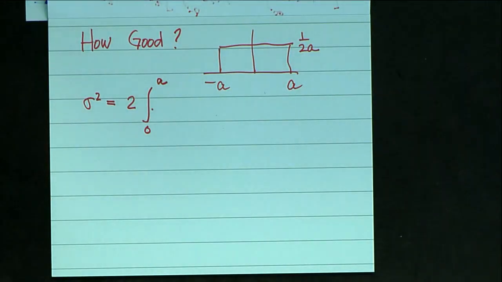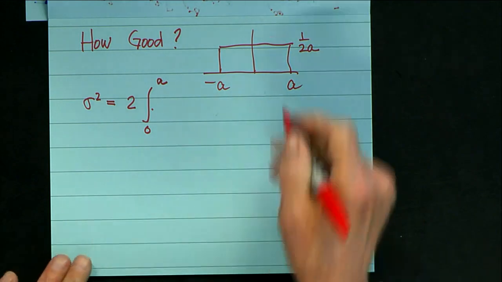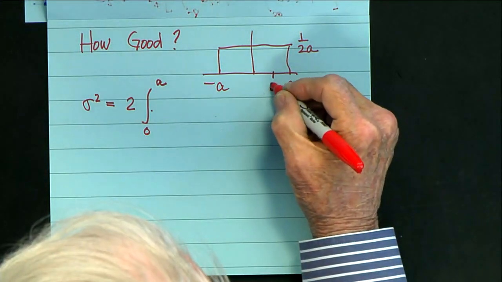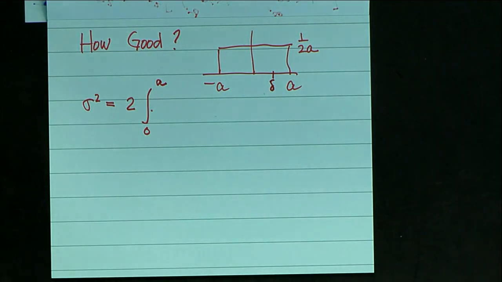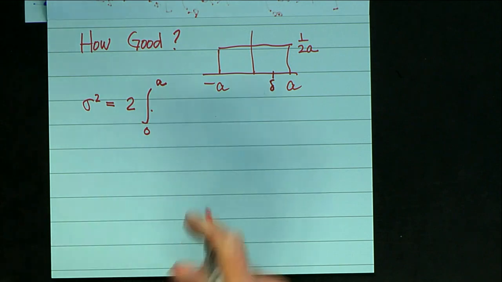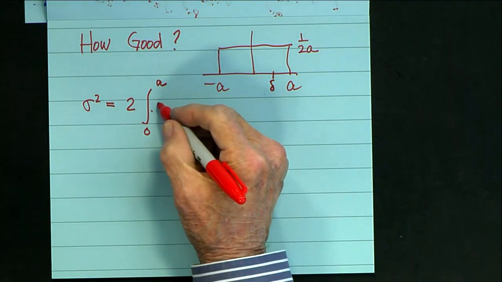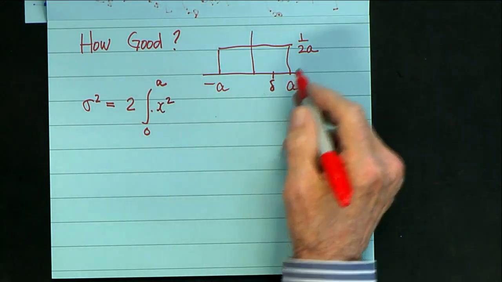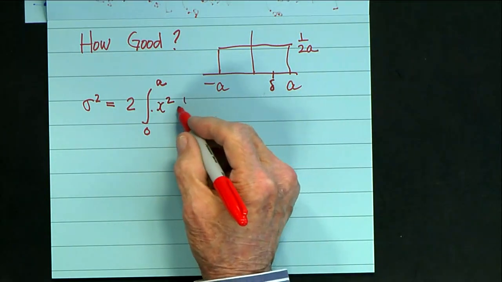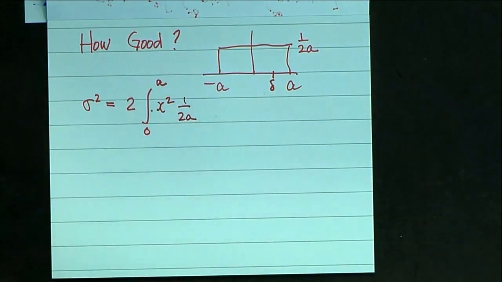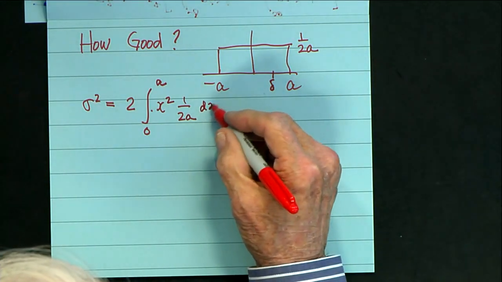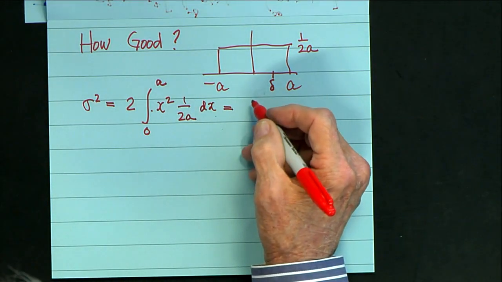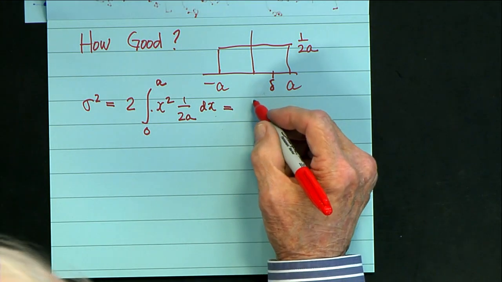So how good is Chebyshev? Let's take that delta, some point. But first let's calculate sigma squared. That's 2 times the integral of x squared times the probability density, 1/2a, dx. And so this is equal to a squared over 3.